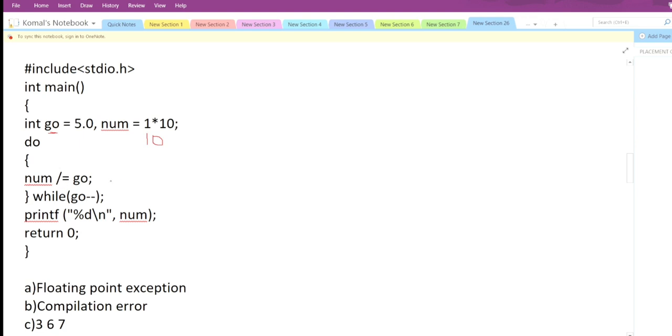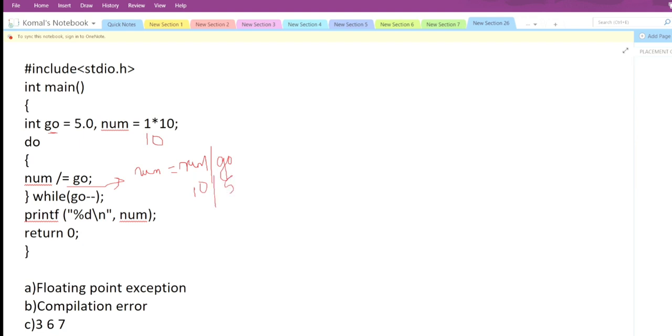So how we read this statement, it is like num equals to num divided by go. This is nothing but this. Num is equals to num divided by go. So the value of num is 10 and the value of go is 5.0.